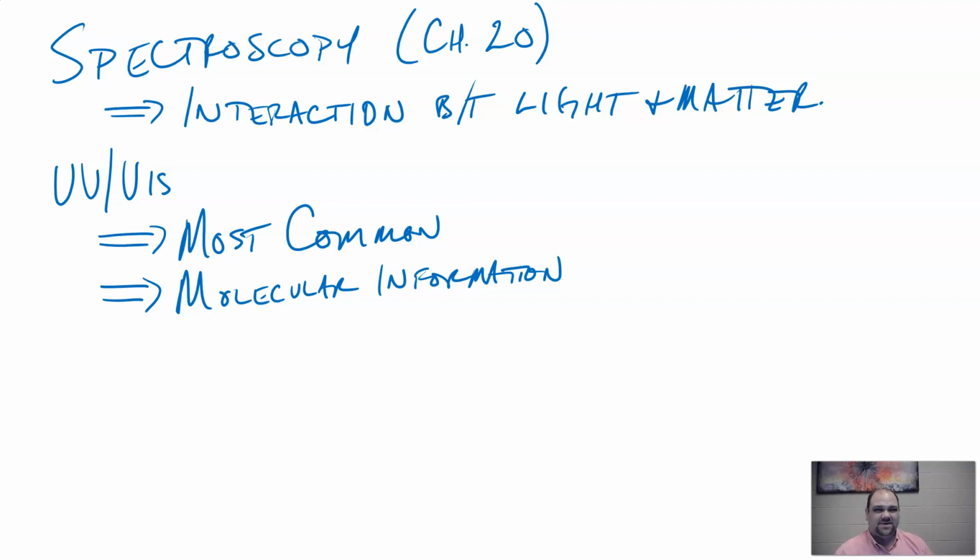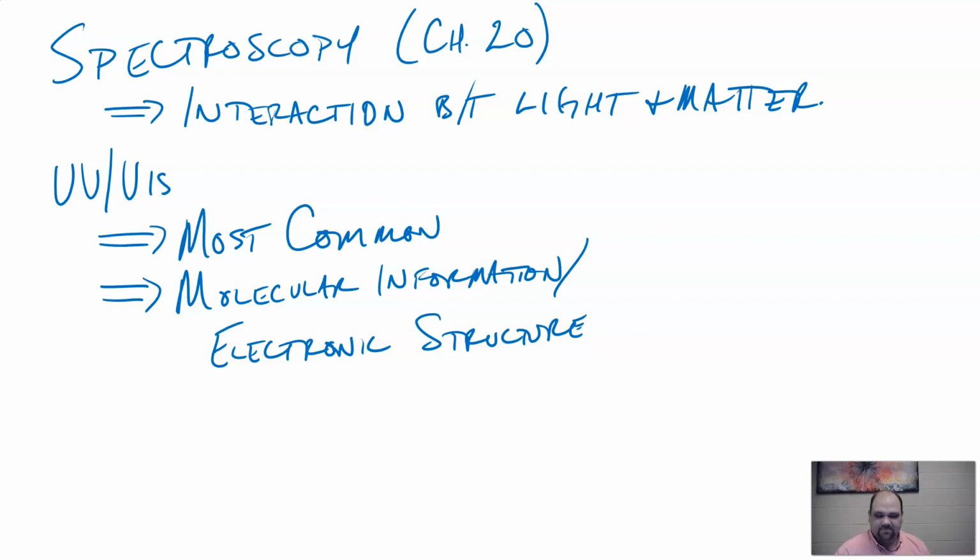With IR, we get some information about vibrations, if you remember that from organic. With molecular information from UV vis, mostly what we're getting is information about the electronic structure, and the way those electrons are organized.